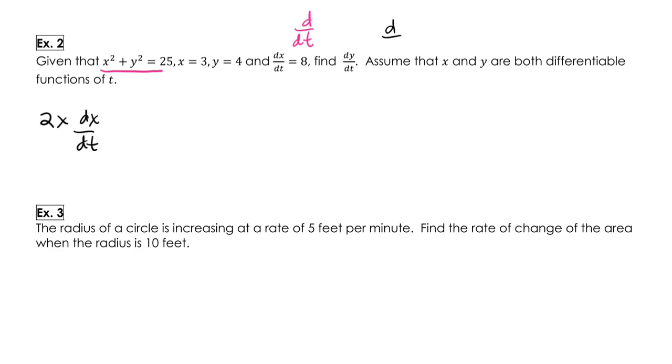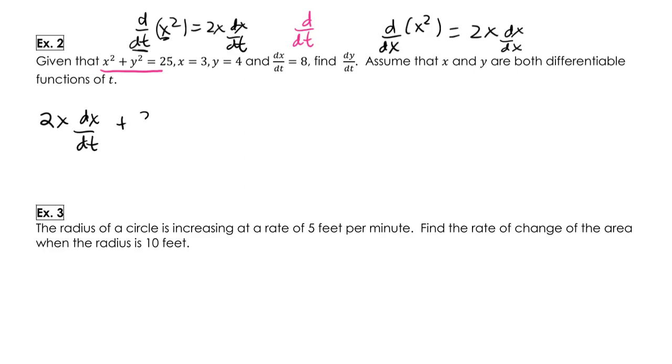If we applied the operator d/dx to x squared, it would just be 2x dx/dx. But now because it's d/dt, if I apply the operator d/dt to x squared, it's going to be 2x, and then the derivative of the inside stuff with respect to time is dx/dt. Going on, plus 2y dy/dt.